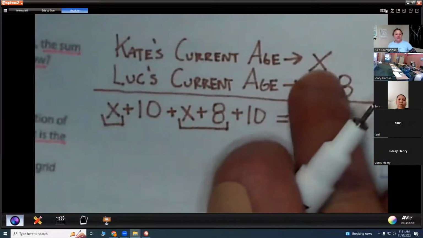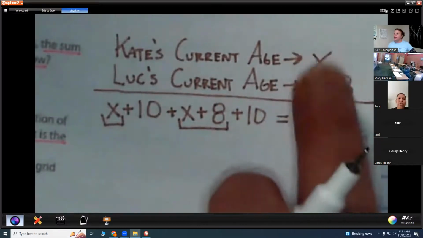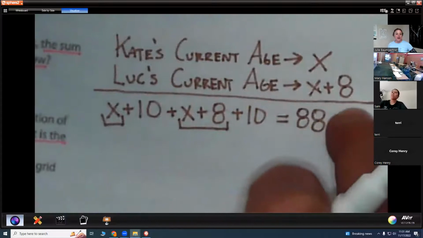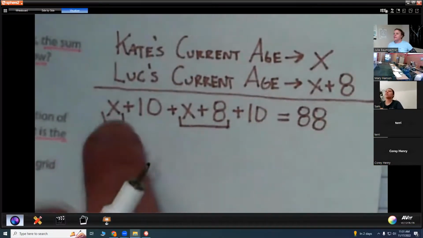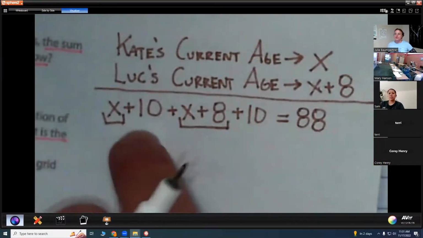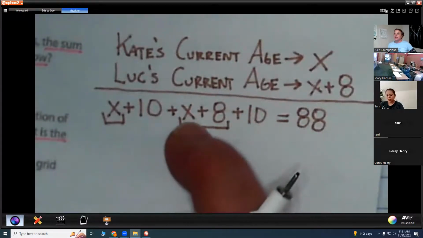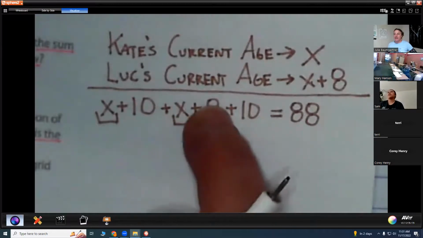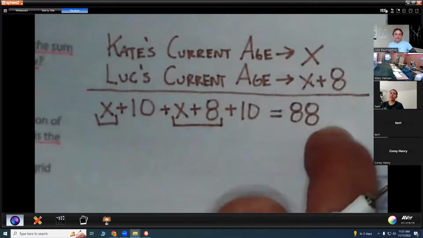So Kate is X years old right now. And Luke is X plus 8 years old right now. In 10 years, Kate is going to be X plus 10 years old. And Luke is going to be X plus 8 plus 10 years old.